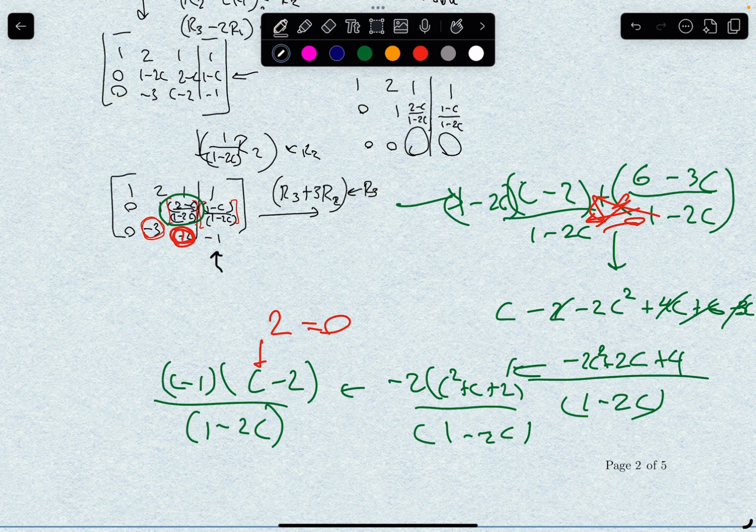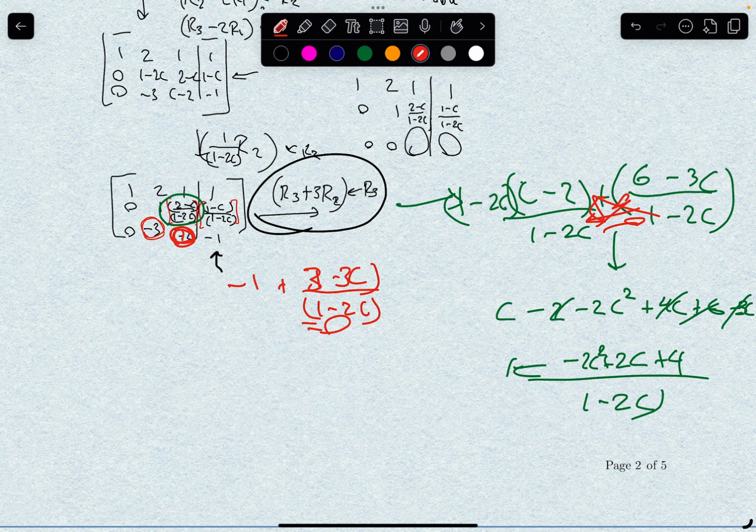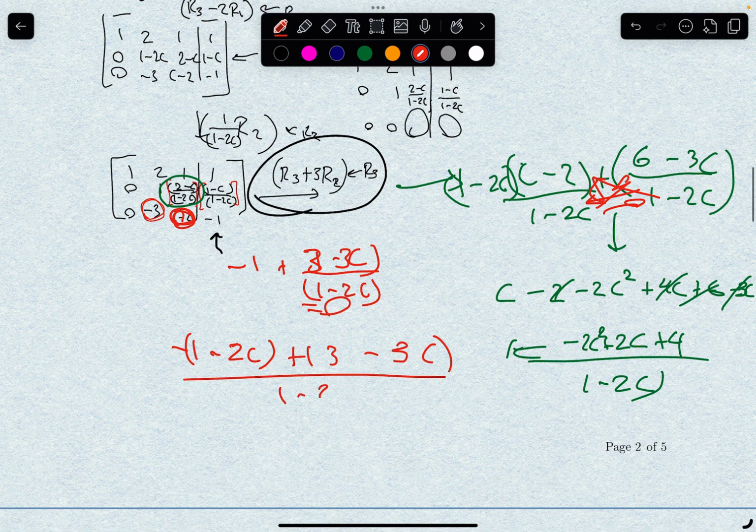But what about here, after we did this, after the addition? Well, to make that 0, it's going to be 1 minus c, right, times 3, 3. And then here we're going to have 1 minus 2c, and we're going to be adding it to the negative 1. Well, that's the same as saying negative 1 times c squared plus 3 minus 3c, all over 1 minus 2c.